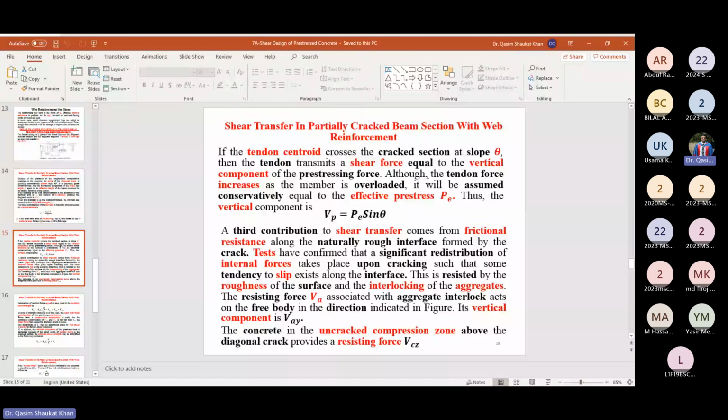Although the tendon force increases as the member is overloaded, it will be conservatively assumed equal to the effective pre-stress. Thus, the vertical component of pre-stress is effective pre-stress into sine theta.